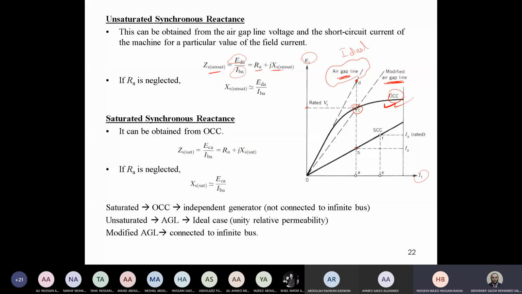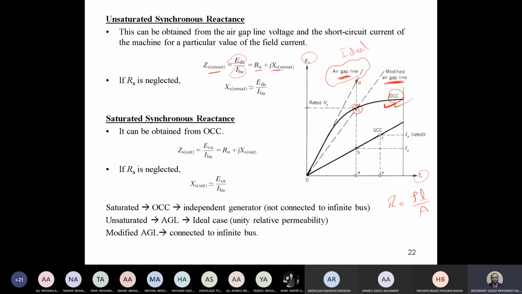Actually, what we care about in resistance is the resistance design. If we have a wire, what is the resistance of this wire? Rho L over A. This is right. So resistance equals rho, resistivity, multiplied by L over cross-section area.